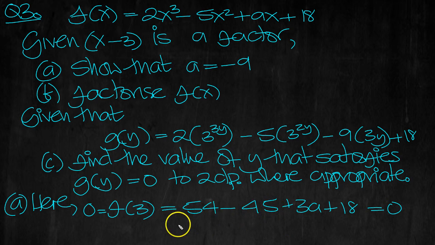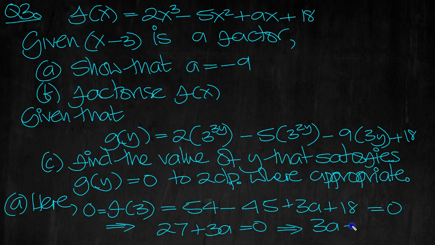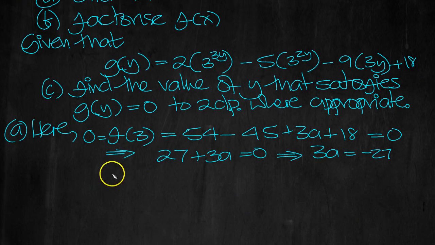So 54 minus 45 plus 18 is 27, plus 3a equals 0. So that tells us that 3a equals minus 27, and divide by the 3 and we get a equals minus 9, doesn't it?